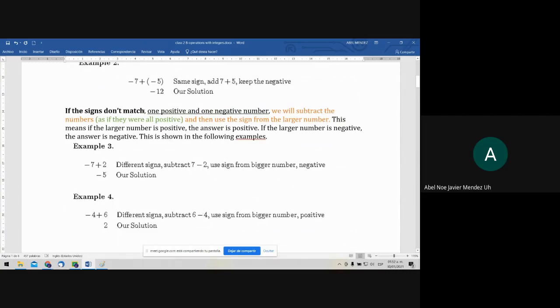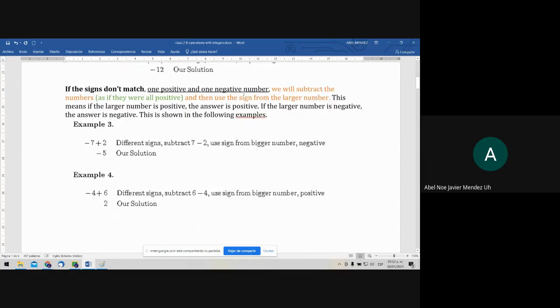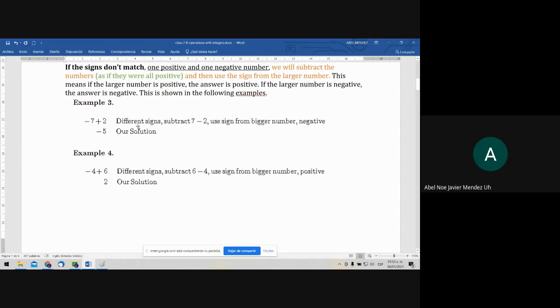Don't match, one positive and one negative. What do we need to do? We will subtract the numbers and then use the sign from the larger number. Okay, let's watch example number 3.